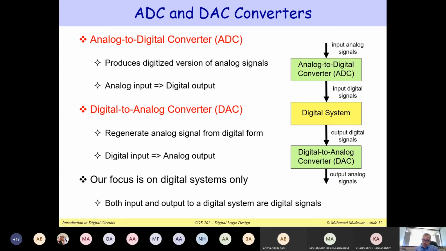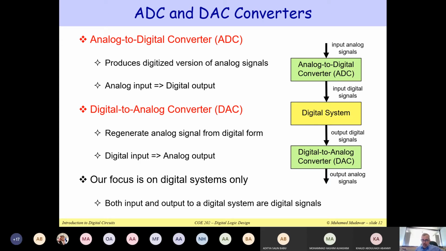So our focus in this course is called Digital Logic Design. That's the title of our course. So we are dealing only with digital input and digital output. We are not dealing with analog. Electrical engineers have two types of circuits, digital circuits and analog circuits.